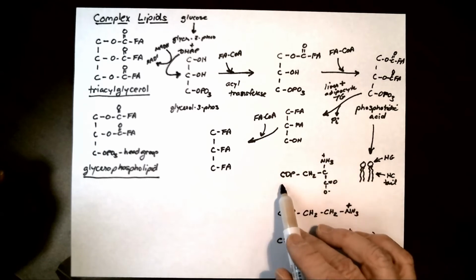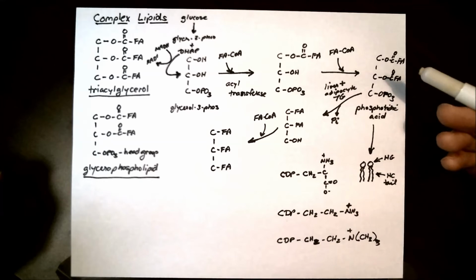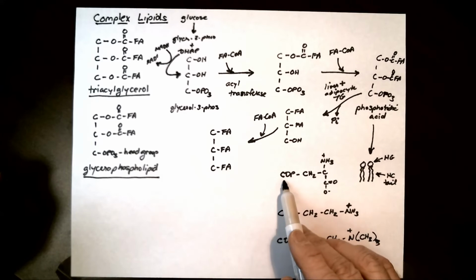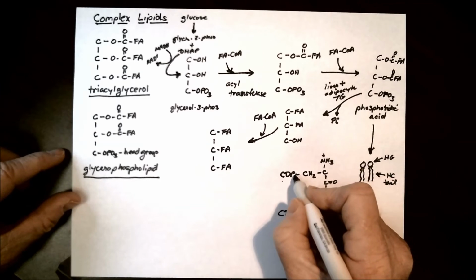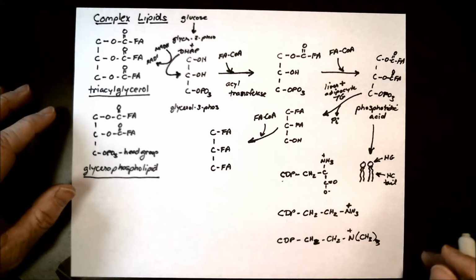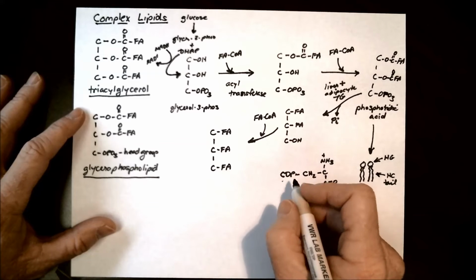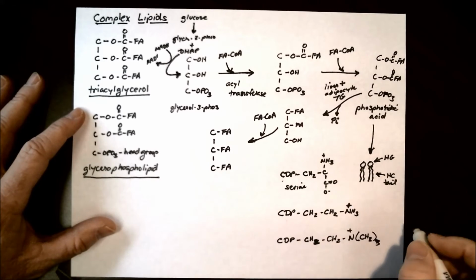But as our theme we've talked about before, small molecules that want to join onto larger molecules need to have their own energy. So this is essentially a high energy structure. Now, where do these come from? This is the serine group.